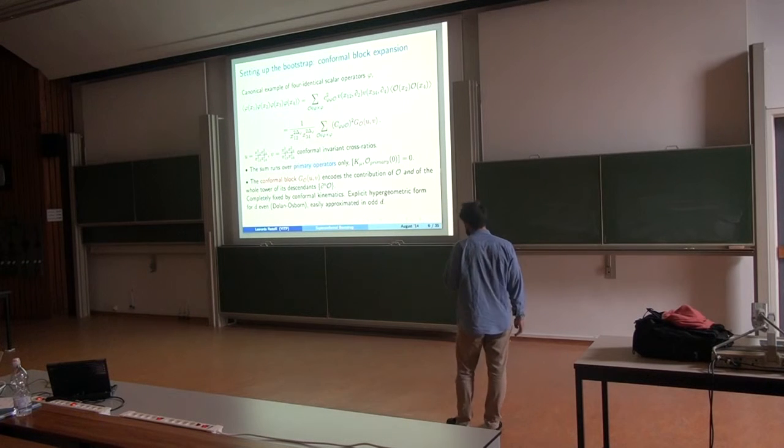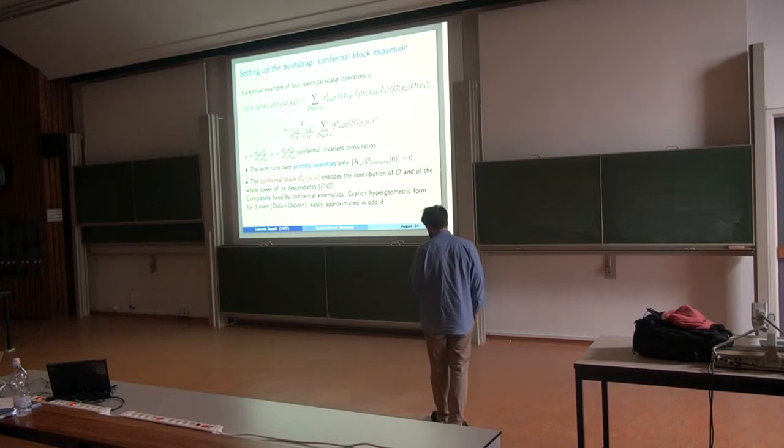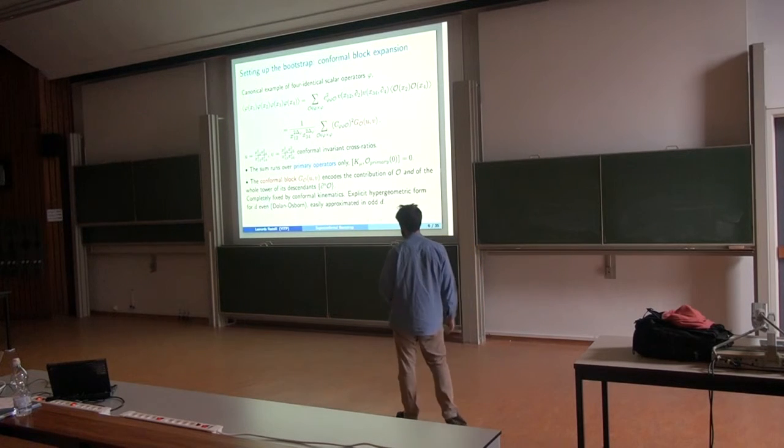And so really, what crossing does is simply a reshuffling of the coordinates. We are, for example, exchanging position 1 with position 3, and then we must get the same result. And then you see that what that essentially does is exchange these conformal cross ratios U and V. Okay, so this I had in the equation, but I didn't say in words.